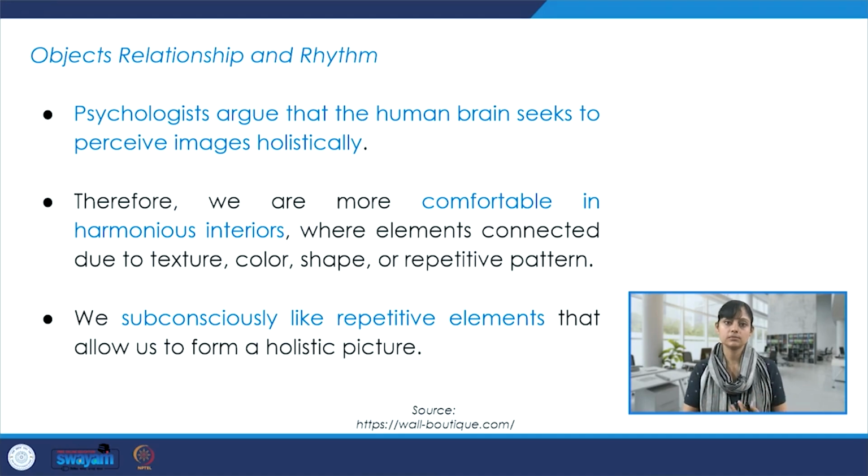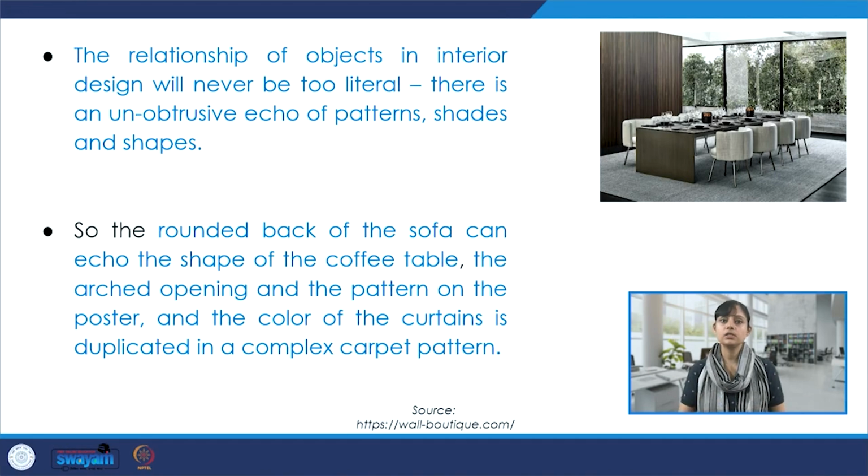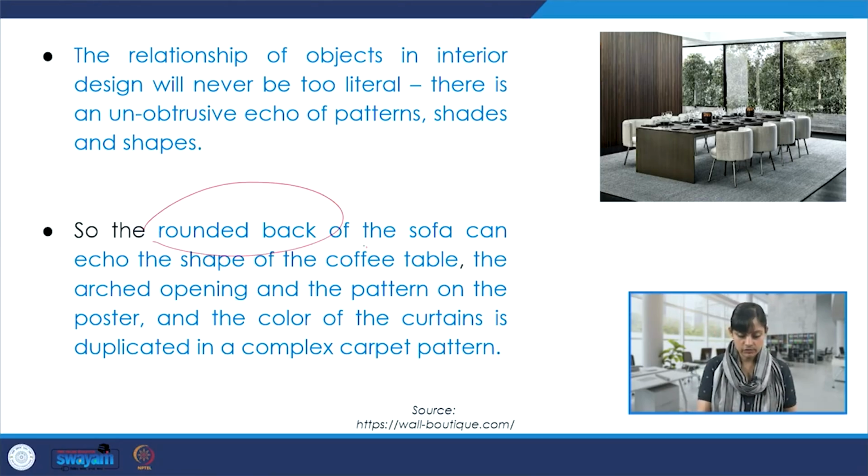And it has to be very interesting in the way that the relationship between the objects or elements is put together. For example, here the rounded back of the sofa can echo the shape of this table. So we can create these kinds of interrelationships even though there are diverse objects of different nature.